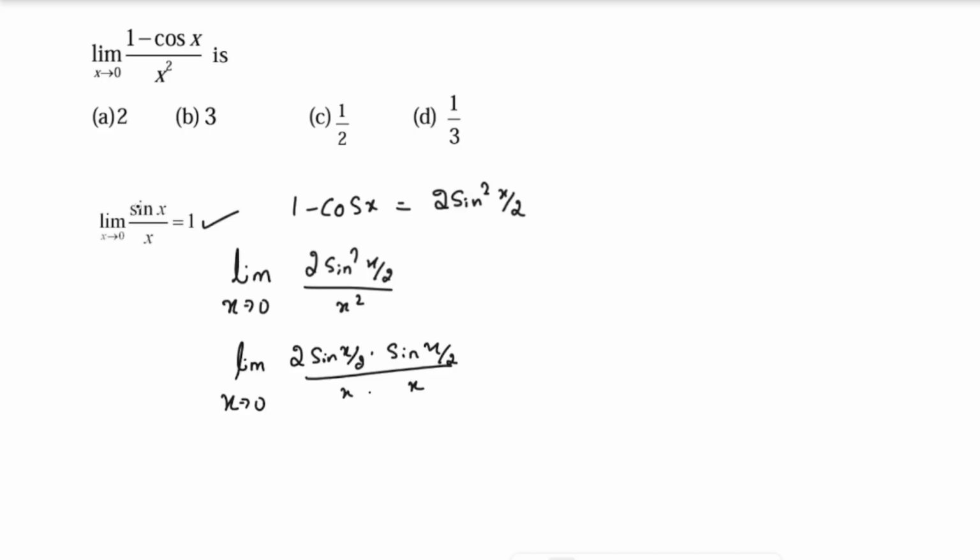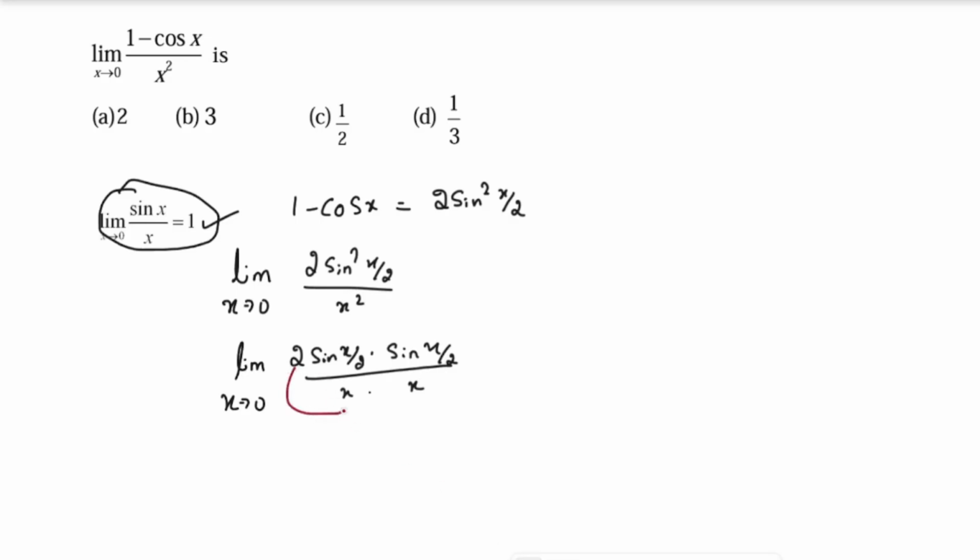Look at this. In this formula, we have sin x by x. Whatever the angle we have, the same angle should be there in the denominator. Only then can we write limit x tends to 0, sin x by x is equal to 1. So here x by 2 is there, so the denominator also we have to make x by 2.